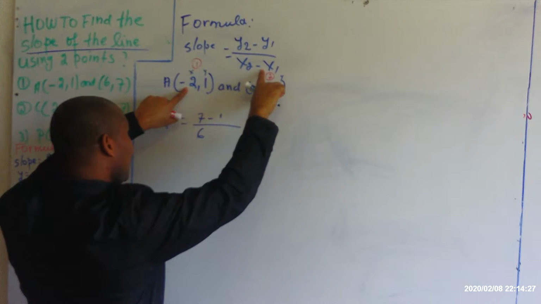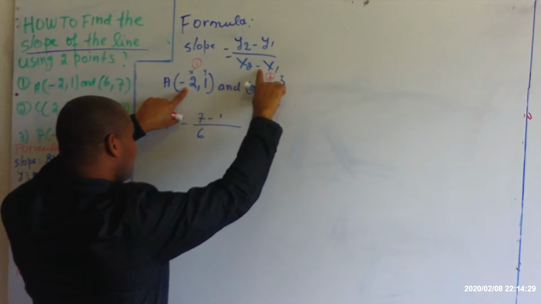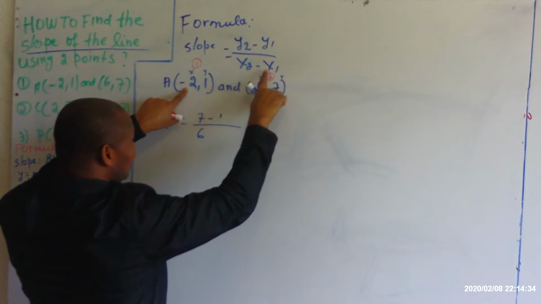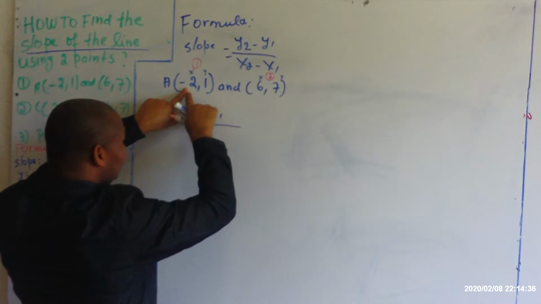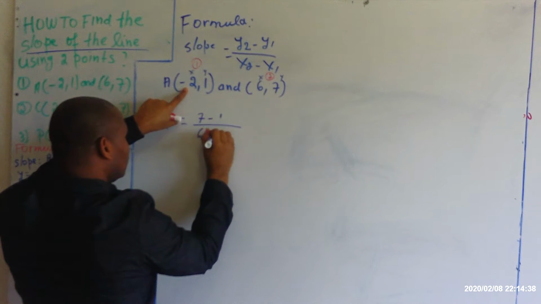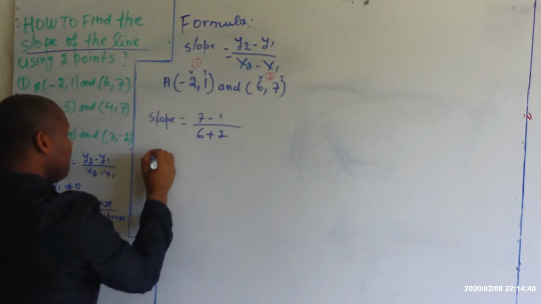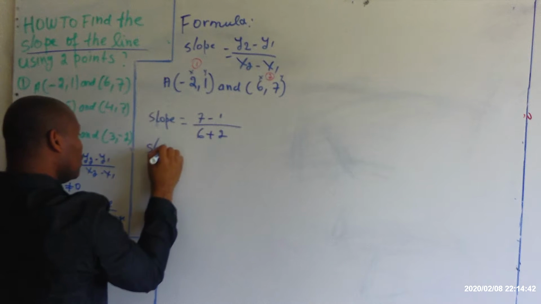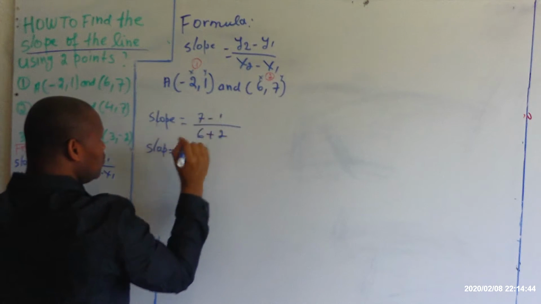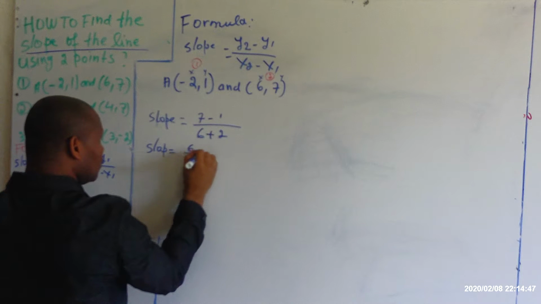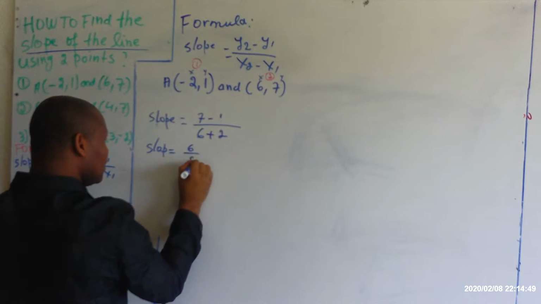As we already had a negative sign right here, when we say minus x1, that's going to be positive, positive 2. So slope equals 7 minus 1 is 6, over 6 plus 2, that's going to be 8.